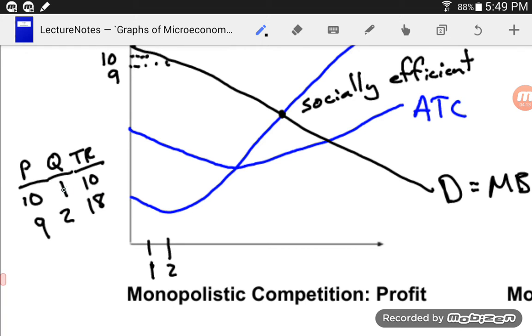So my marginal revenue as I went from 1 to 2 was 8. As I went from 0 to 1, I went from making 0 money to 10. And then as I went from 1 to 2, I only made 8.